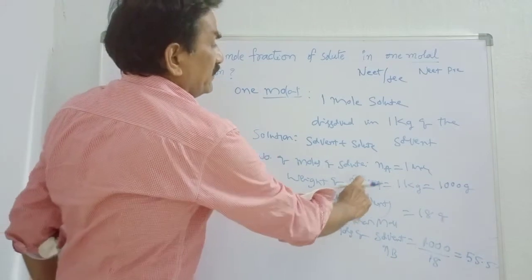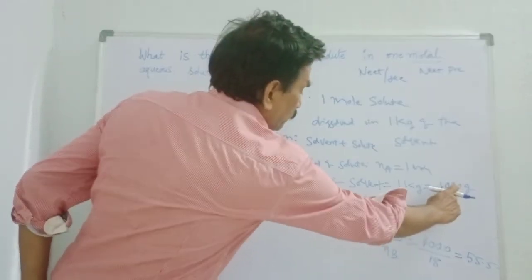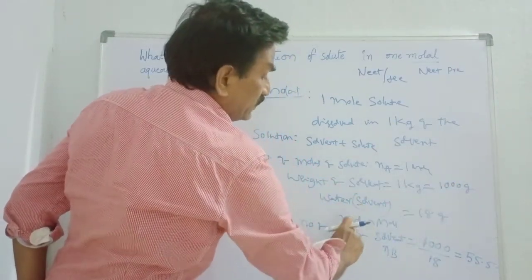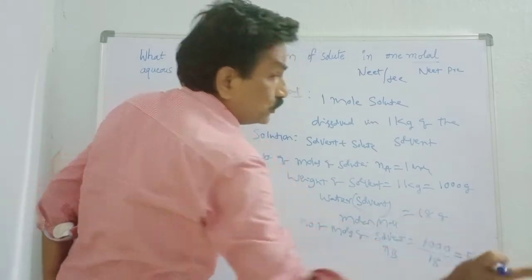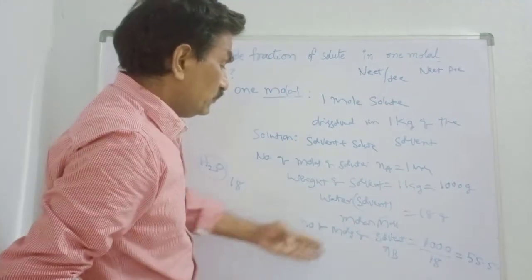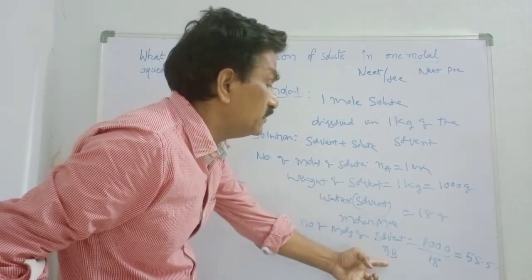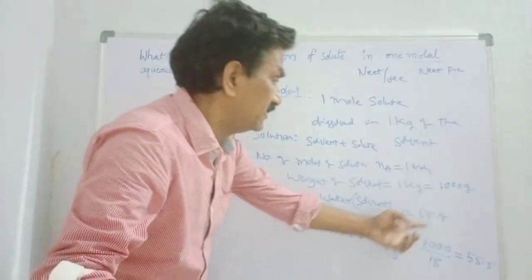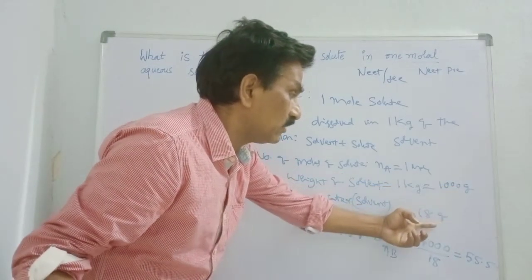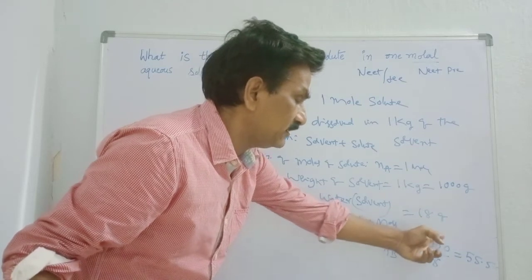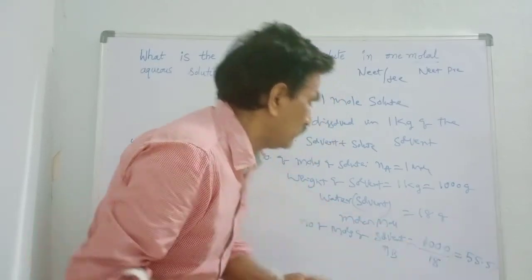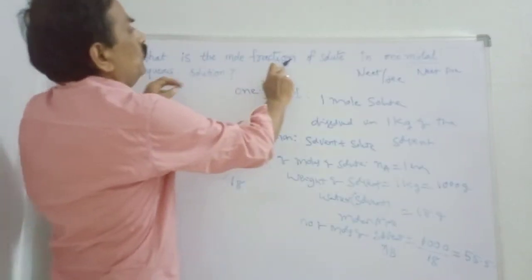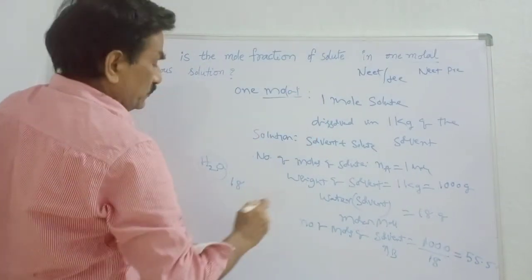Weight of the solvent 1 kg, that is 1000 grams. Water solvent molar mass 18 grams. So number of moles of solvent Nb is equal to weight of the substance, that is 1000, by gram molar mass, that is 18. 1000 by 18, 55.5.